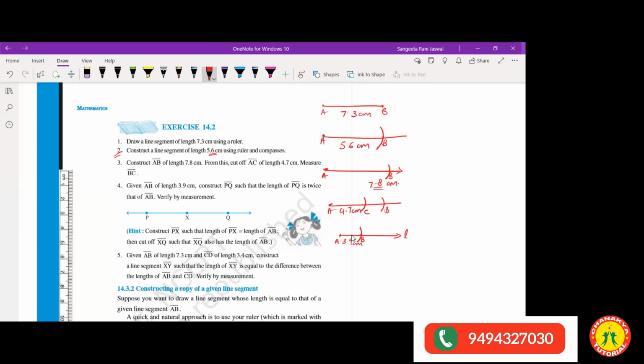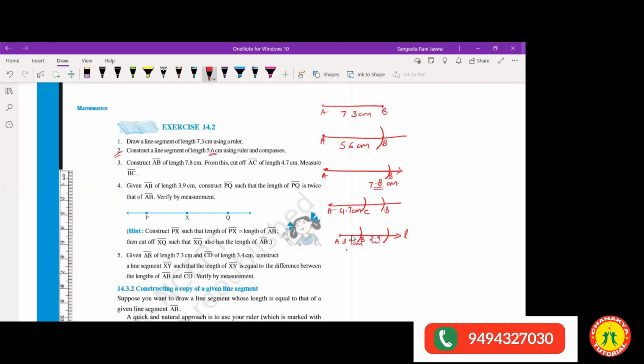Keep your pointer at point B now. With the same compass opening, keep the compass needle at B and construct another arc cutting this line. So this will also be 3.9 centimeters.